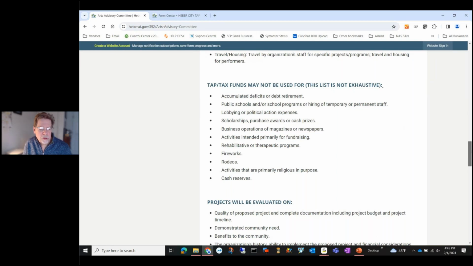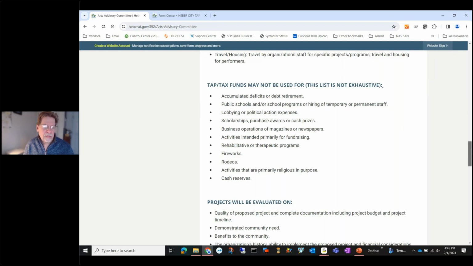So a portion of salaries can be qualified, but not full-time. Lobbying or political action expenses are not qualified. Scholarships, purchases, awards, or cash prizes as part of the activity, things that are being given to others.